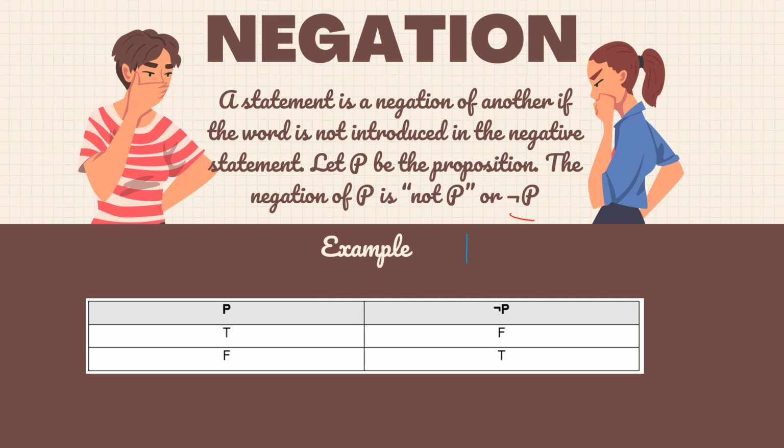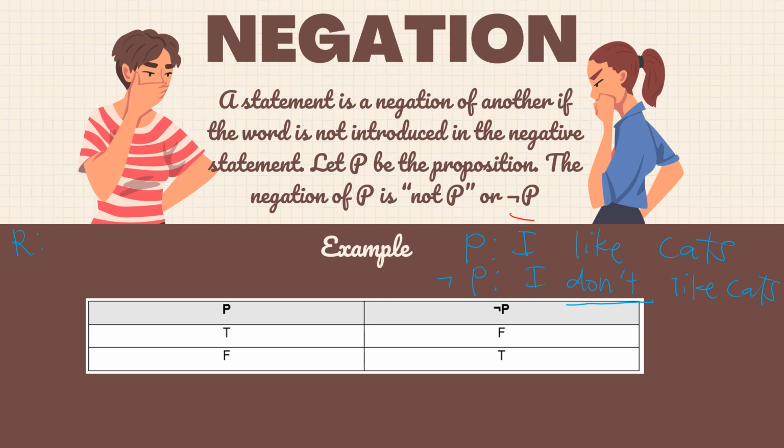Okay, let's have an example. For example, we have the proposition P, I like cats. Not P is I don't like cats. So, do you see the difference? The word don't negates the proposition I like cats. Another example.